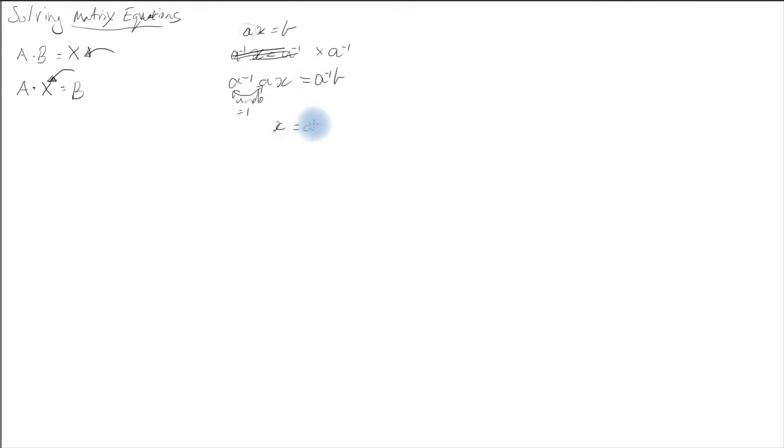Now that may all seem very confusing, so let me just do it again, but this time instead of using just algebra, A and B here for my parameters, I'm going to use actual numbers to make it a bit more obvious. So imagine we had 5x equals, let's say 30. Okay, 5x equals 30. Now to solve this, what we do is we find the inverse of 5. Now the inverse of 5 is a fifth.